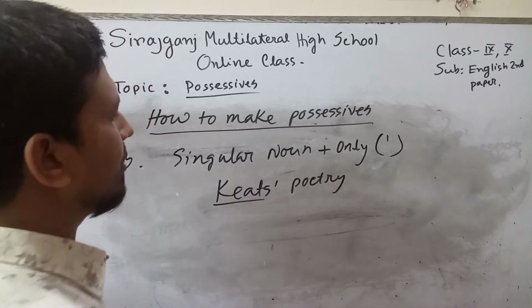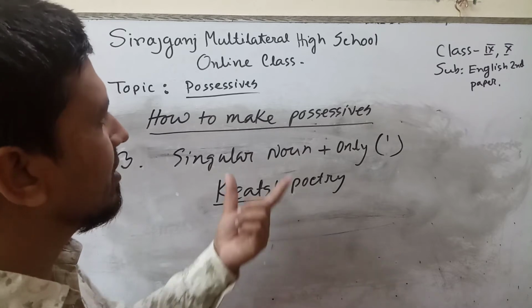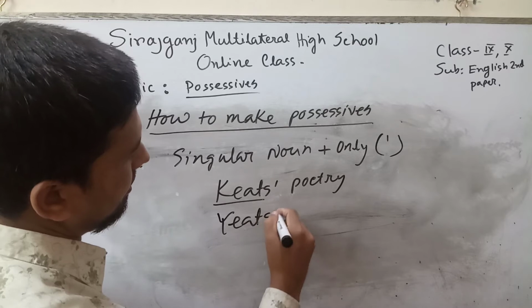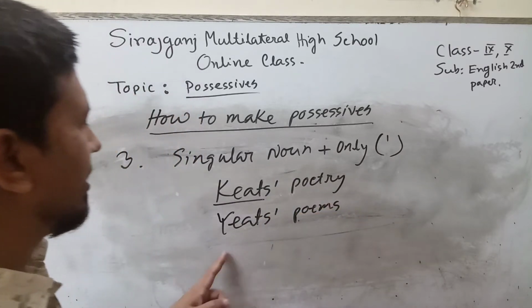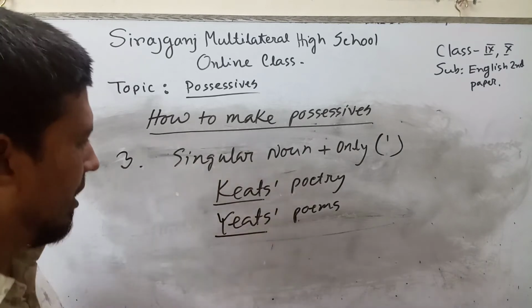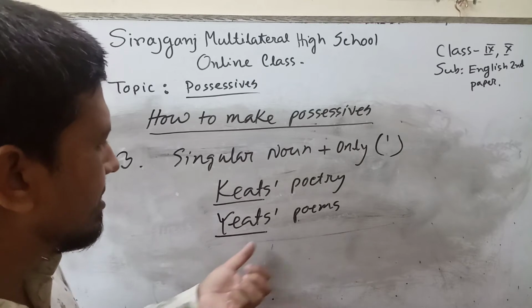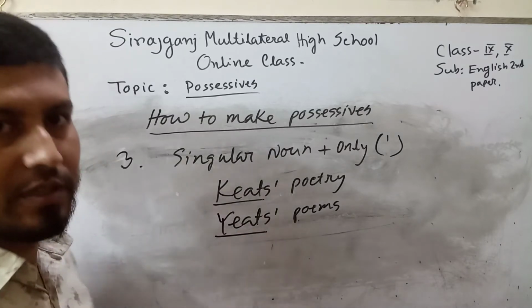Here kids is a noun, but it takes only an apostrophe to make it possessive. Then Yeats' poem. Yeats is also a poet, the name of a person. So Yeats takes only an apostrophe, not s.